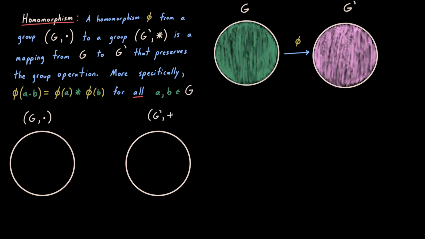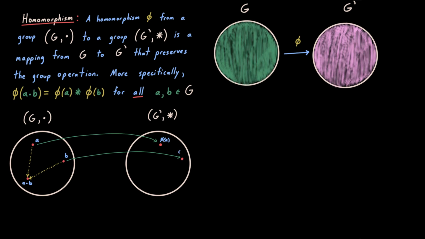Now, this visual up top doesn't really illustrate the definition, but other visuals do, and so that's what you see down here at the bottom left of the screen. Suppose in G we pick two arbitrary elements, A and B, and form their product A dot B. That's also in G due to group closure. And now we know that phi A and phi B are both in G prime by definition of phi.